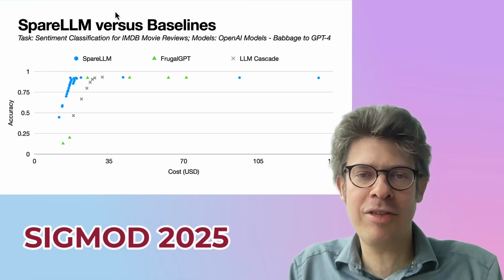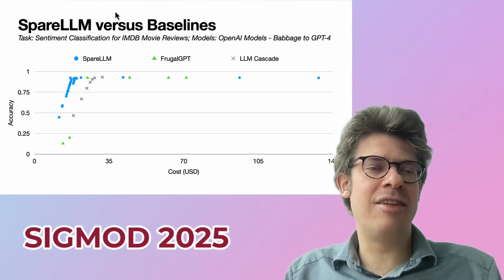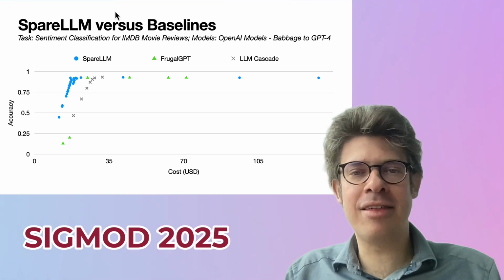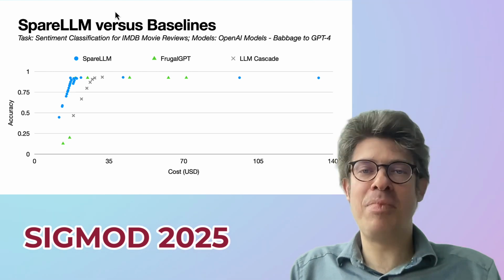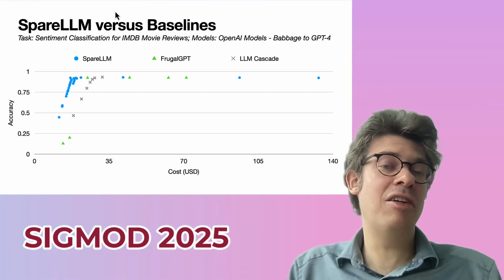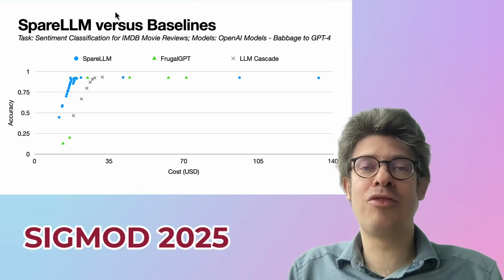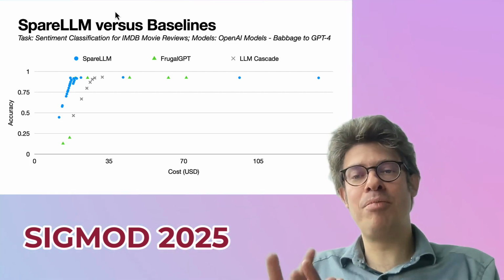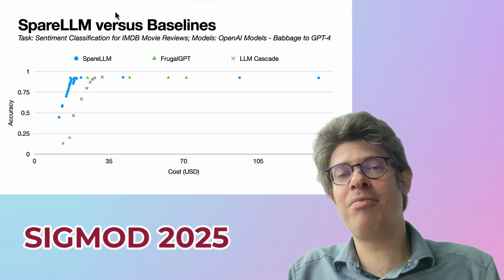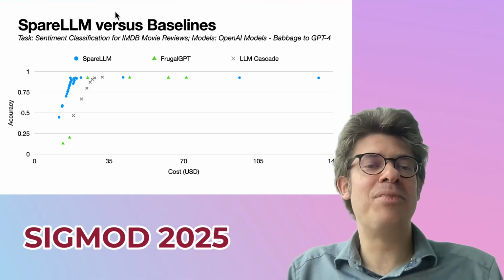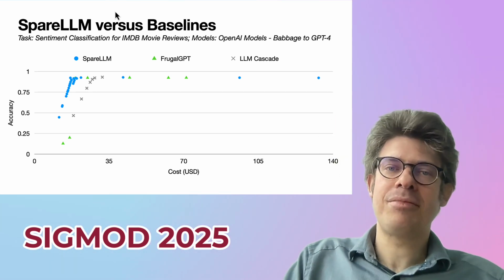And here we have cost on the x-axis and the accuracy on the benchmark on the y-axis, again for classifying movie reviews. And here again you see that SpareLLM performs very well. It makes up most of the Pareto frontier in terms of cost-quality trade-offs compared to those recent baselines. And in the paper we have many more experiments with different scenarios that corroborate those tendencies.